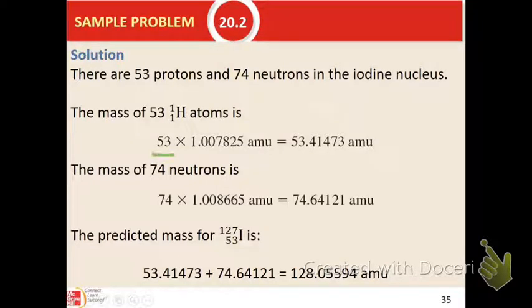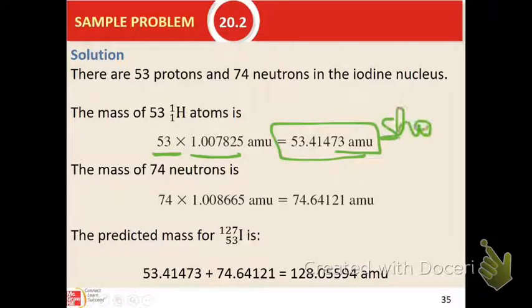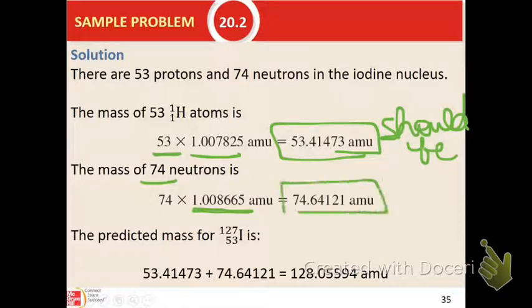So it's going to be 53 times the 1.007825, and that's the mass that the protons should have individually. And then, since we have 74 neutrons, that's their mass of a neutron, and so multiply that.